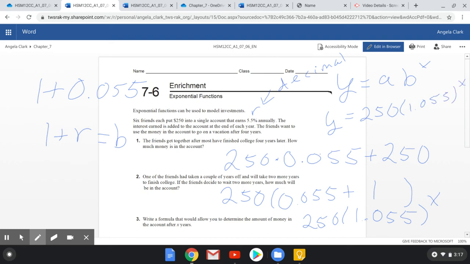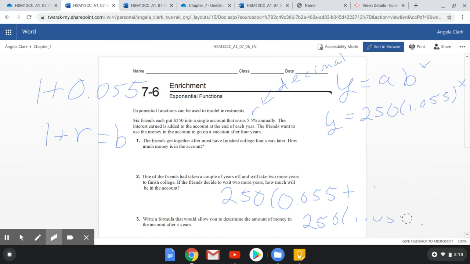That's going to be my equation. So all of this was just to show you why it's 1 plus the percent. I don't expect you to do all of this every time. You can go straight to, oh, it's a percentage, then I need 1 plus my percentage.